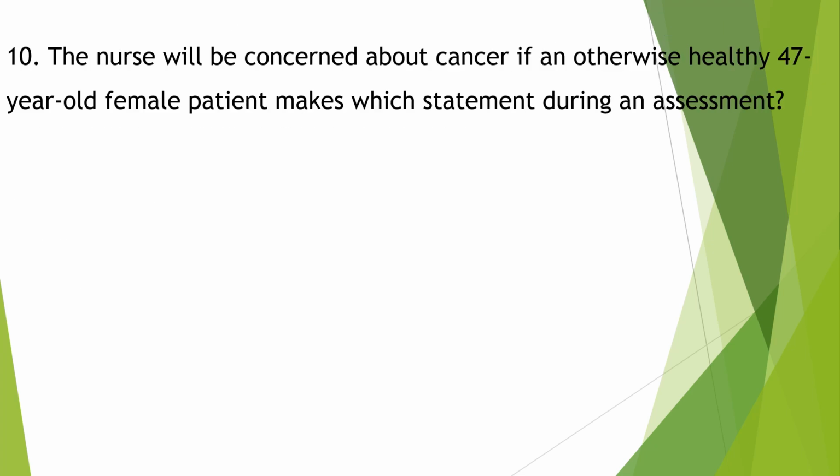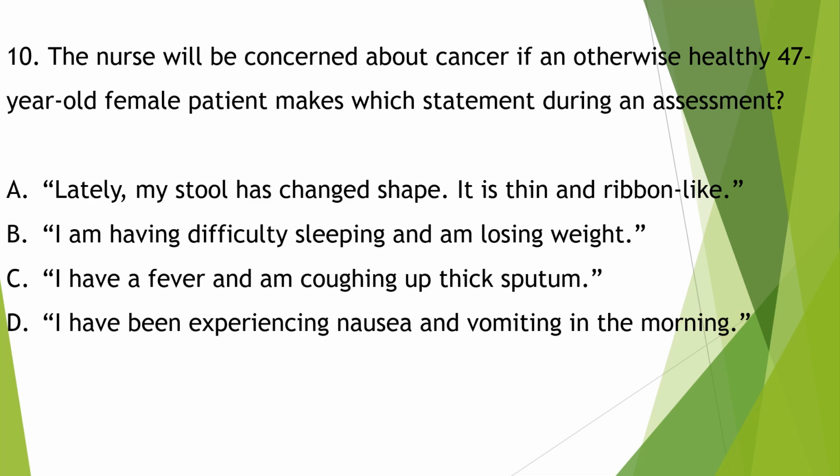The nurse will be concerned about cancer if an otherwise healthy 47-year-old female patient makes which statement during an assessment? Lately, my stool has changed shape. It's thin and ribbon-like. I am having difficulty sleeping and I am losing weight. I have a fever and I am coughing up thick sputum. I have been experiencing nausea and vomiting in the morning. Here you need to understand the clinical manifestations, which are the presenting symptoms of cancer.